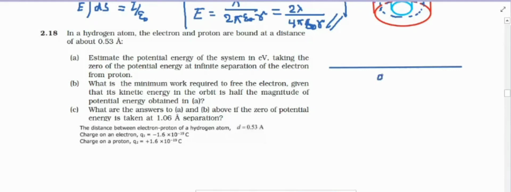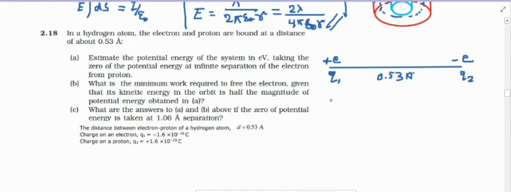So 0.53 angstrom is the distance between the electron and proton. The proton has charge plus e, which we can take as Q1, and the electron has charge minus e, which we can take as Q2. So two charges are separated by a distance of 0.53 angstrom. Estimate the potential energy of the system in electron volt.